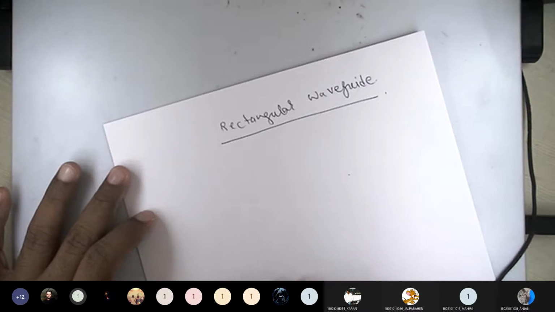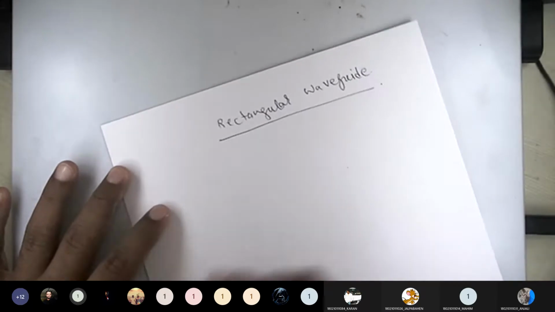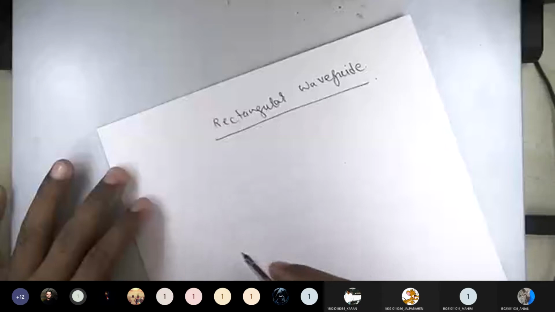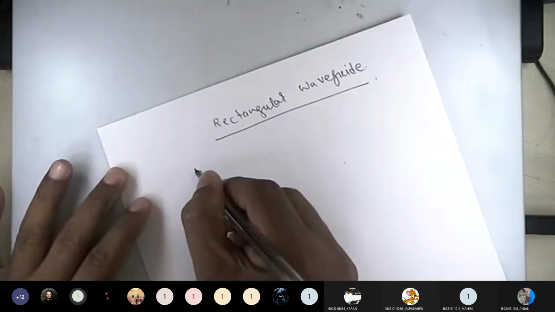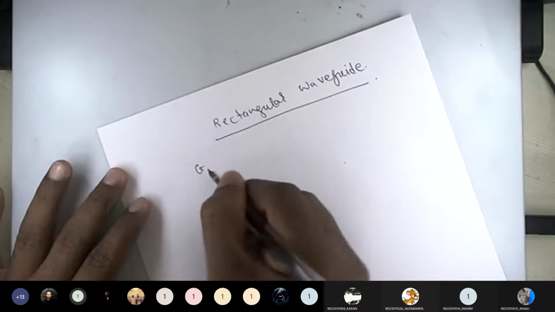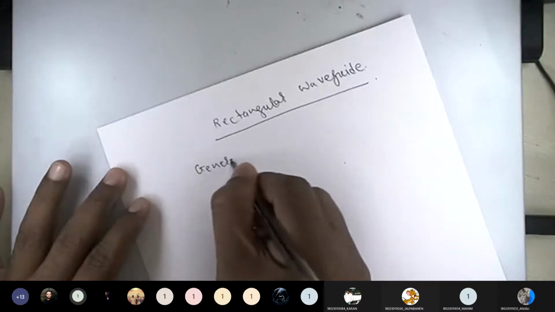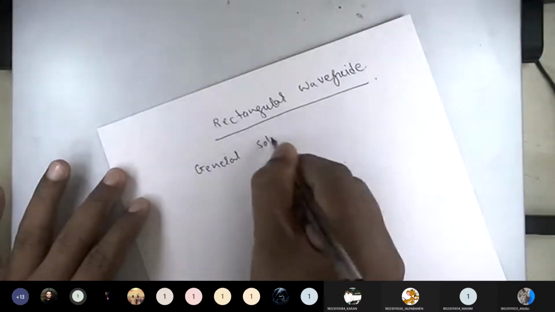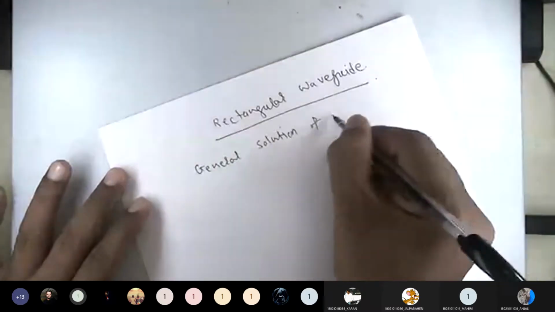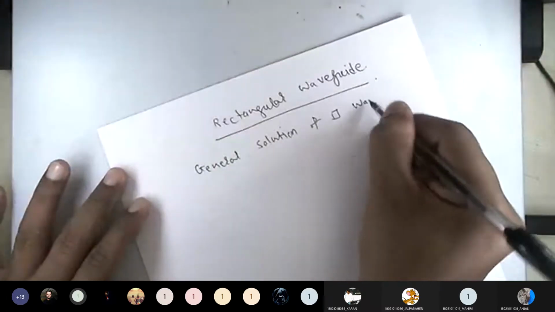No, sir. Okay, fine. So in our rectangular waveguide case, our objective in our previous class was to find out the general solution for the rectangular waveguide.